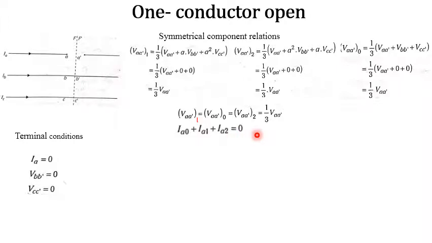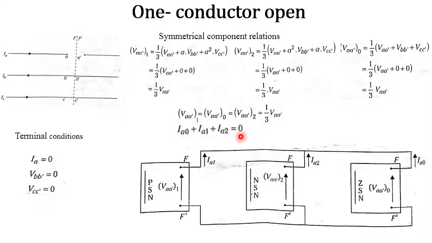So from these two equations, equation 1 and equation 2, this is going to suggest a condition similar to the double line to ground fault. So hence these three sequence networks should be connected in parallel, because the currents are going to add up.